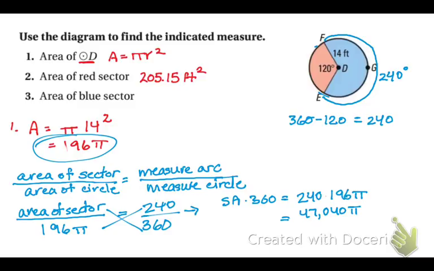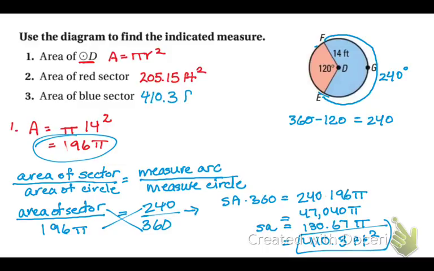We're going to divide both sides by 360, and we end up with 130.67 pi, which, if we work out the pi, is going to be 410.3 feet squared. There's my answer.